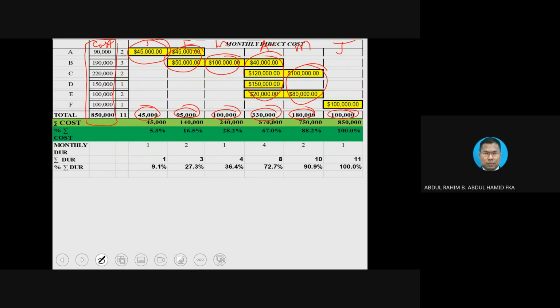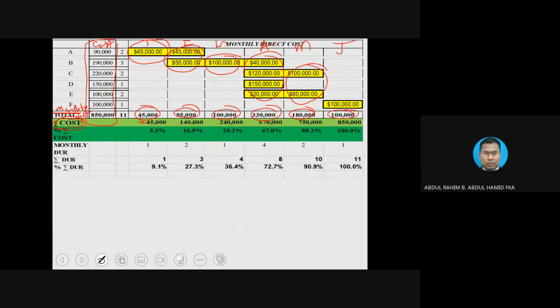So that is what we call cost according to month. I can put it here: monthly cost distribution. And then in the subsequent row, I translate the monthly cost into cumulative costs. How do I do that?